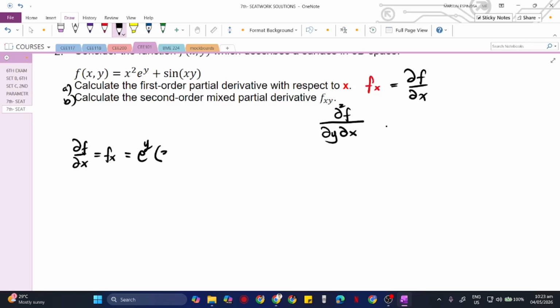And x squared, since we are deriving this one with respect to x, has a derivative. So, basically, the derivative of x squared is 2x. Okay, plus, sine xy. So, obviously, yung xy natin, or sine xy, can be derived because we have here x. So, parang sinasabi natin, if we will be treating y as constant, we are deriving, say, for example, 3x, considering your y is equivalent to 3.